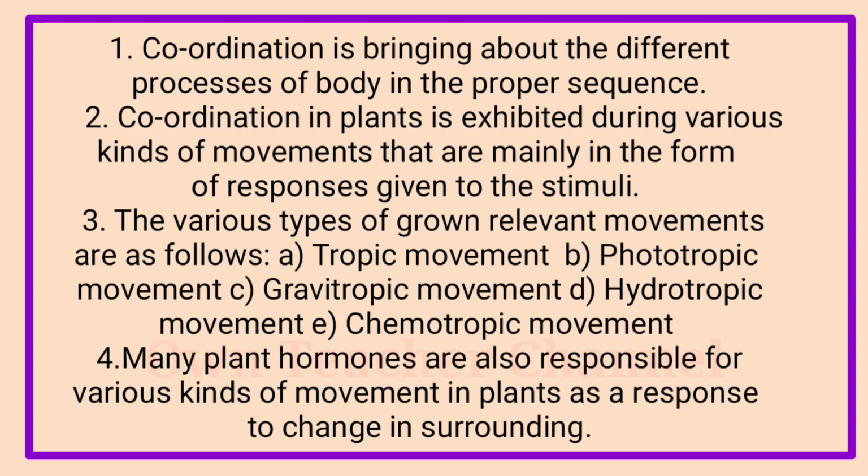Coordination in plants is exhibited during various kinds of movements that are mainly in the form of responses given to the stimuli. 3. The various types of growth relevant movements are as follows: A. Tropic movement, B. Phototropic movement, C. Gravitropic movement, D. Hydrotropic movement, E.